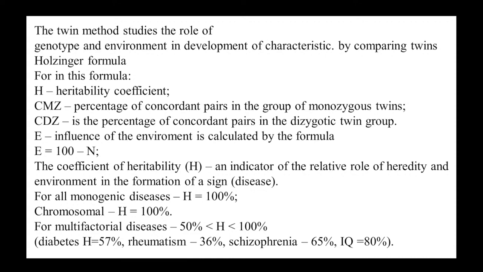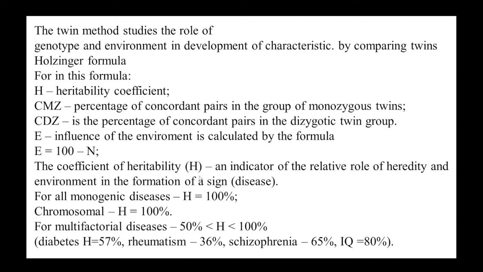For multifactorial diseases, this coefficient is between 50 and 100%. And students, as a result of these numbers, you can see the level of influence of inheritance and environment on these characteristics.